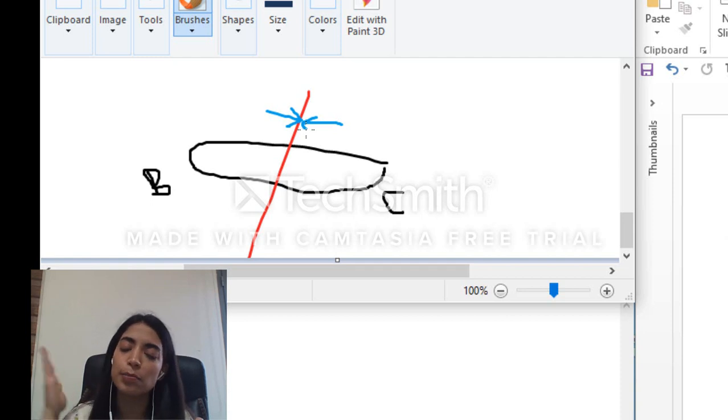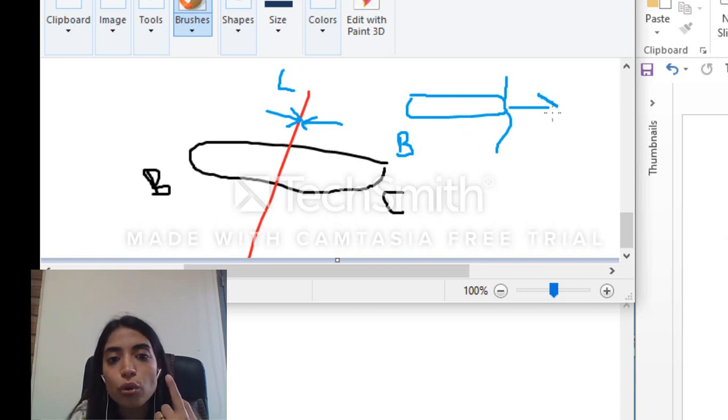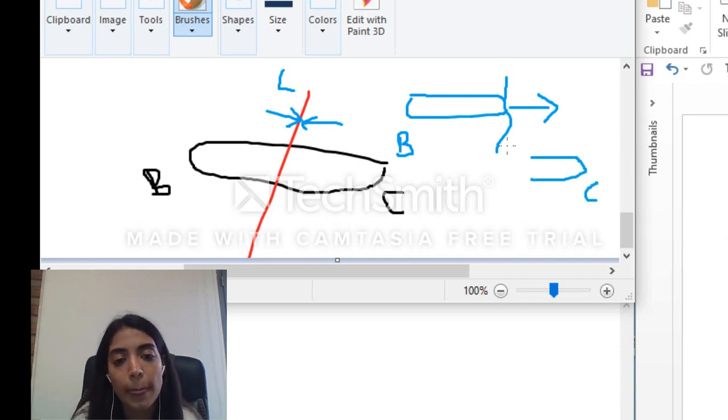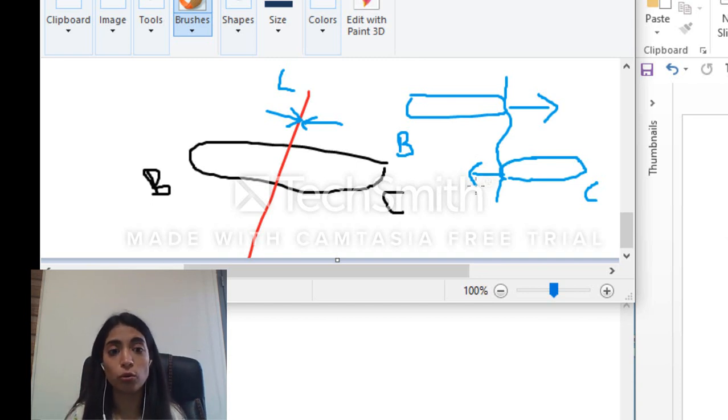Now, if I cut BC and take the left side of BC, so let's say this is B and this is my cut, I will see this internal force. And if I take the right side, which is the C cut, I will see also the opposite internal force.